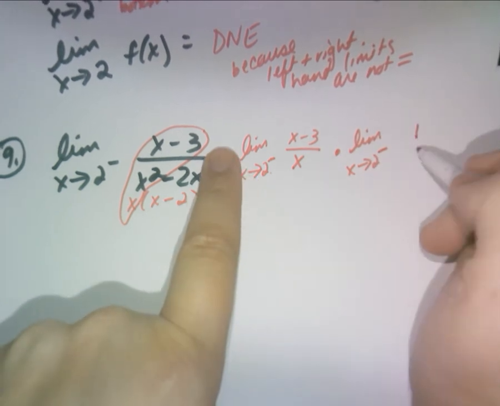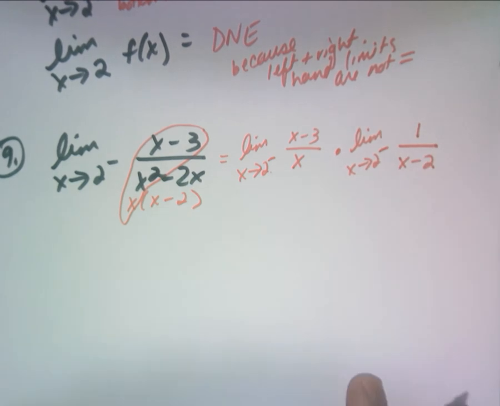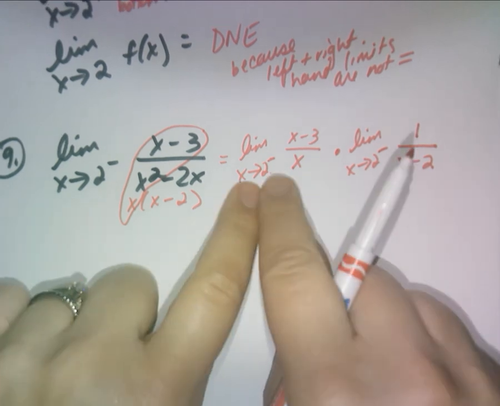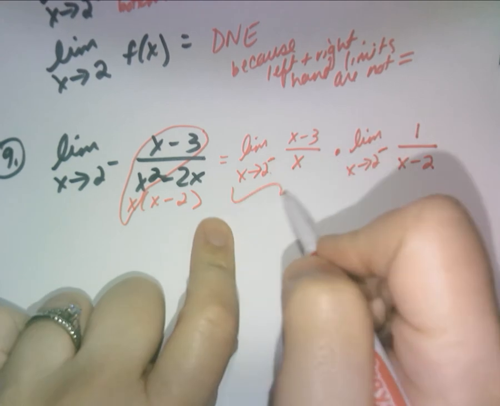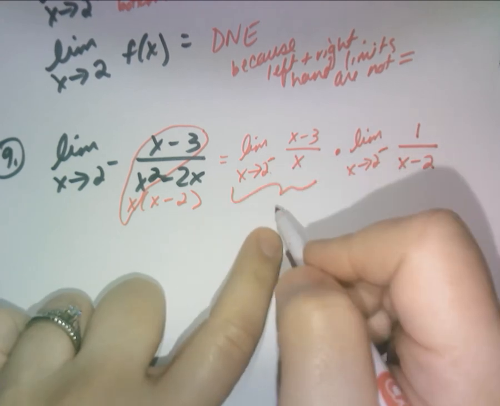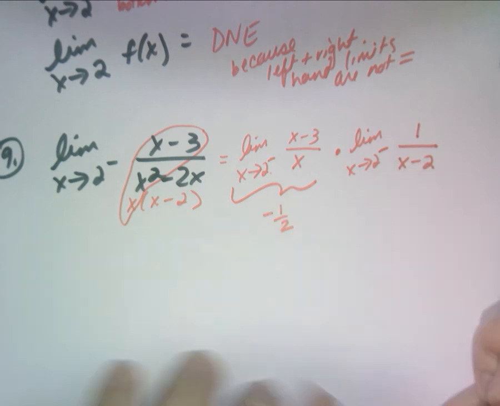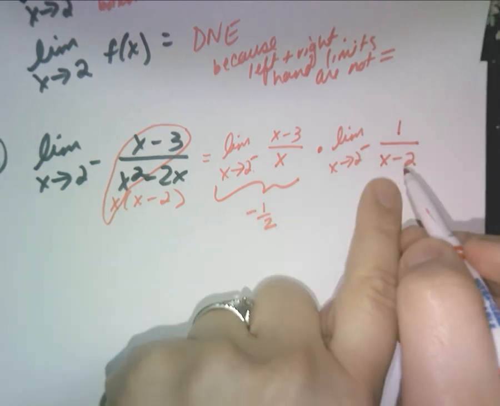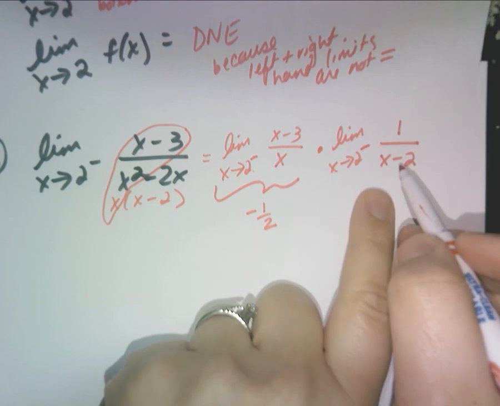Well, a 1 over x minus 2. What that does for me is if I plug in 2 right now, coming from the left, this first limit would go to negative 1/2. If I plug in 2 here, I get a 0 on the bottom, do I not?